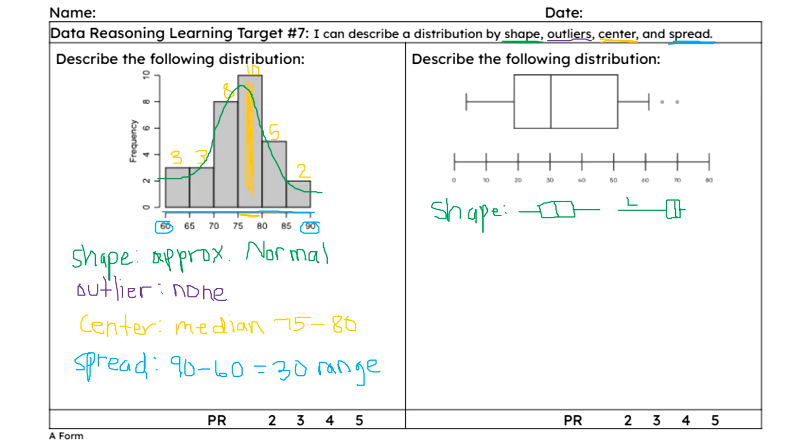Might even have some outliers out here, which would be kind of dots like this all by themselves. And then similarly, but opposite, if you had more data compacted over on this side and you had a super long tail pulling out here, maybe even with an outlier or 2 out there perhaps, and you have a long tail on the right, then that would be skewed to the right.